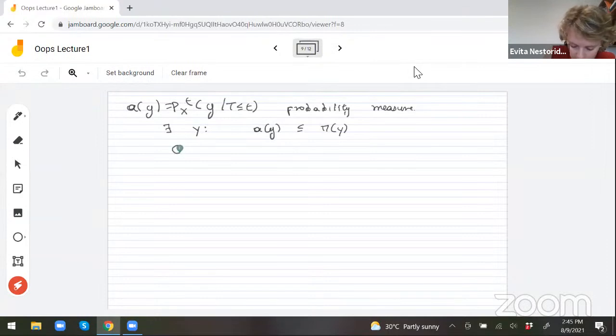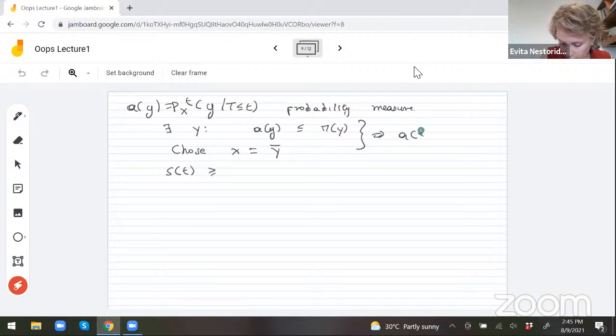Now choose x, the starting point, to be y bar. And then in other words, ax bar is less or equal than pi of x bar.